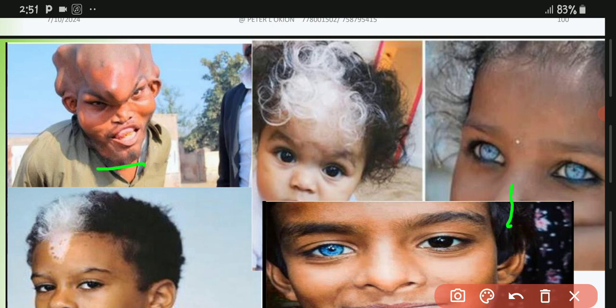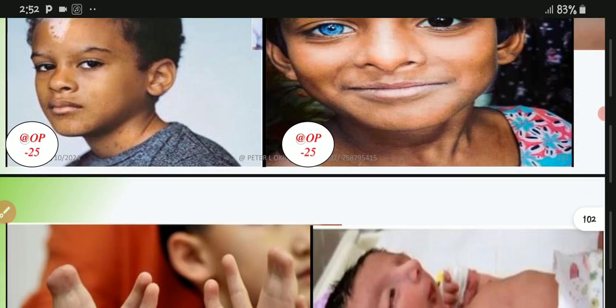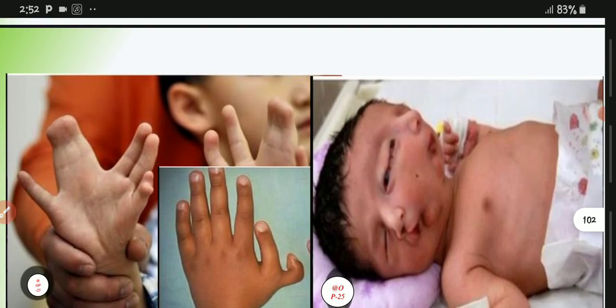You can look at the eyes, this person here, and this one. All of those appearances you are seeing are due to mutation. We also have this baby born with two heads sharing one body.